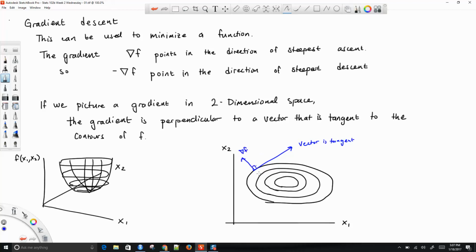And the negative gradient would then point in the direction opposite. So at this point, the direction of steepest descent is in this direction.